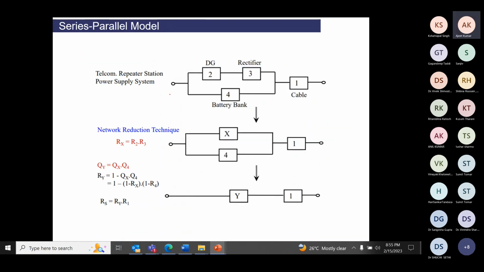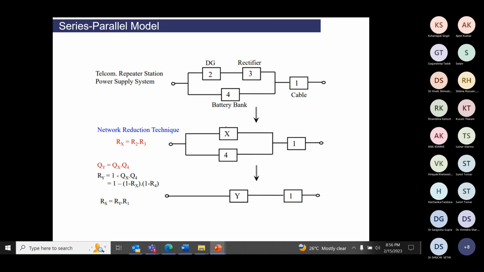See, suppose this system is there: DG, rectifier, battery bank. You want to solve it. So first 2 and 3 are in series. You make X. Rx means R2 into R3, the series formula. Now it becomes X and 4, and this is parallel.